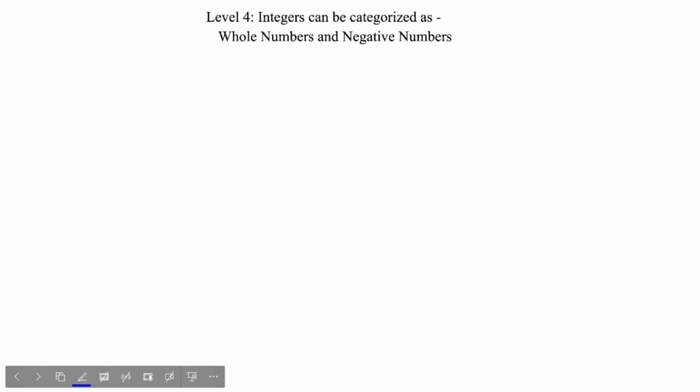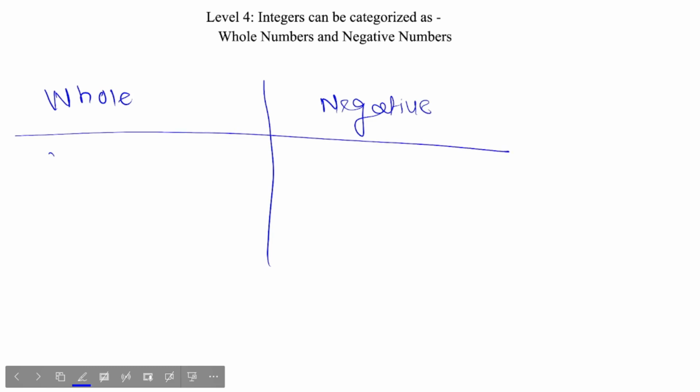What is that classification? We have a whole number and a negative number. So what is a whole number and what is a negative number? A whole number comprises 0 and natural numbers, meaning counting numbers.